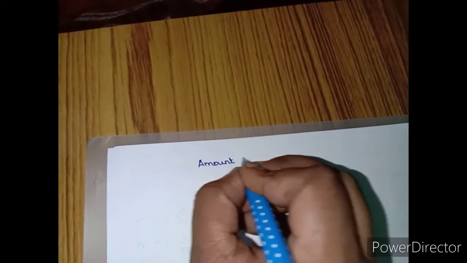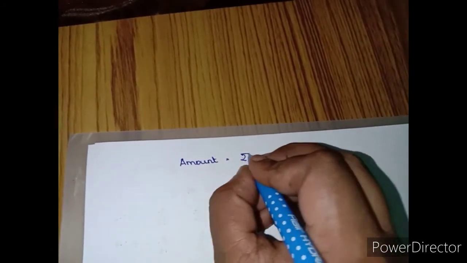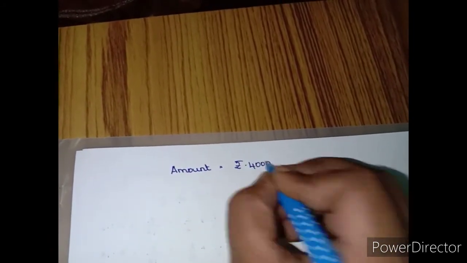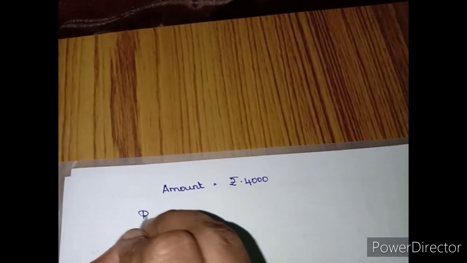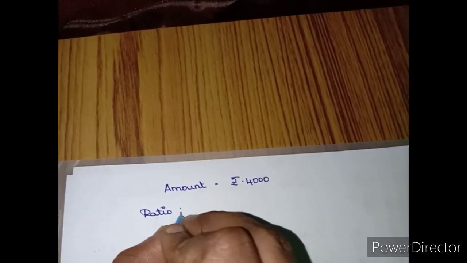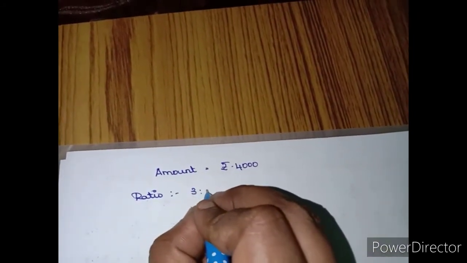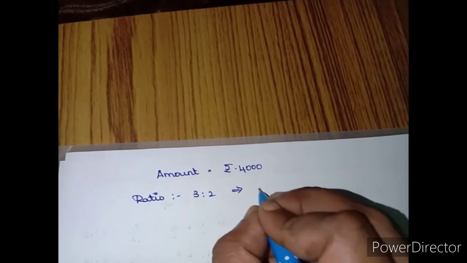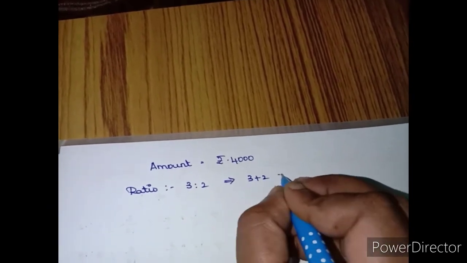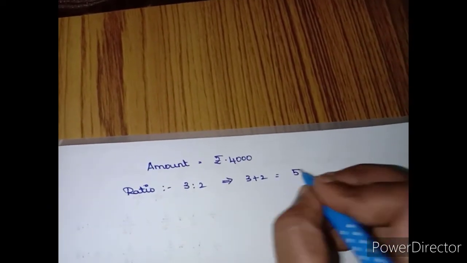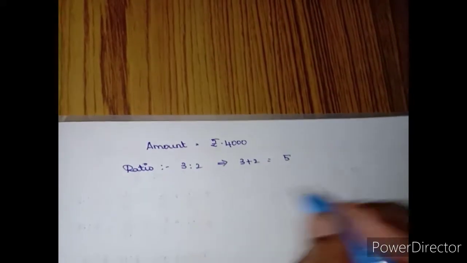So, total amount is rupees 4,000. What is the ratio? It is 3:2, which can be written as 3 plus 2, that is 5. So, 5 parts.